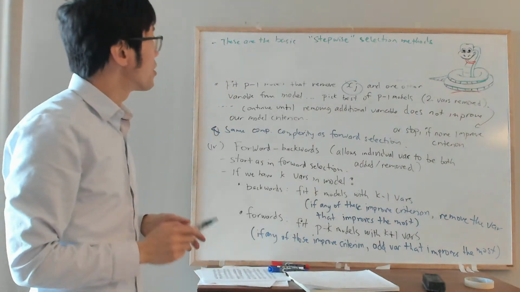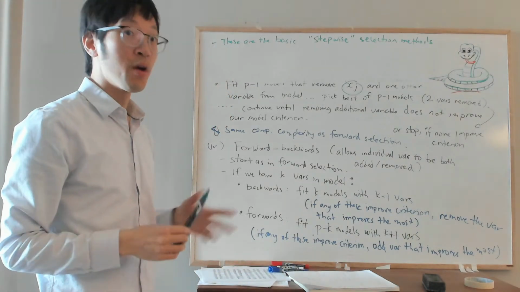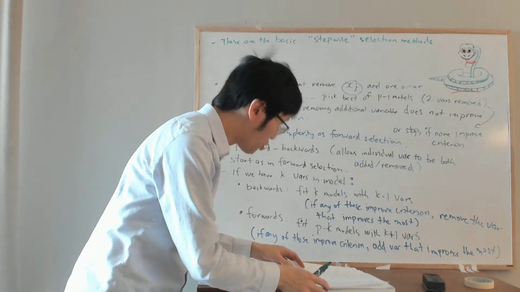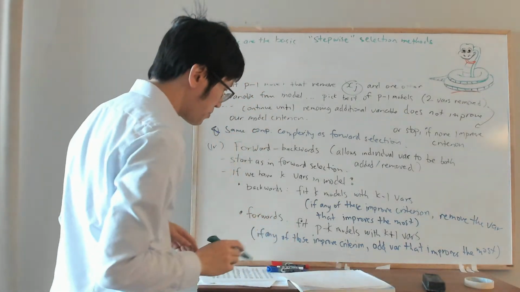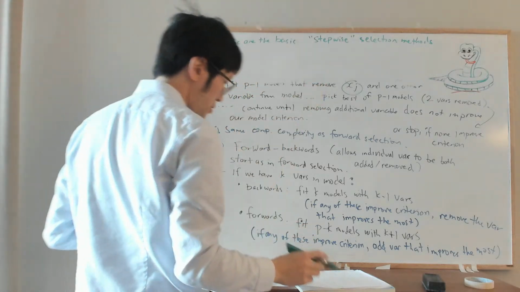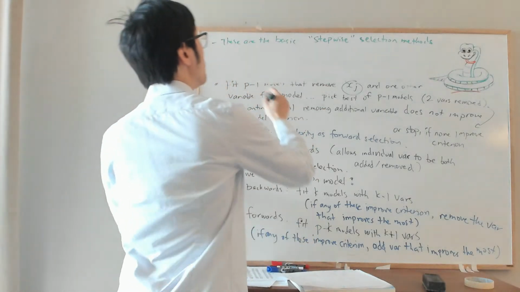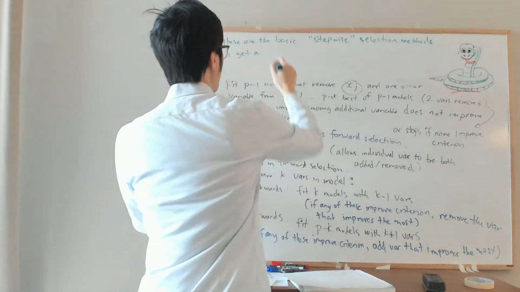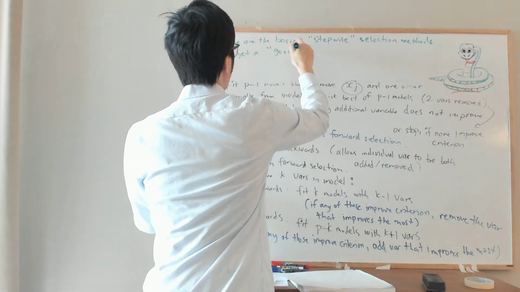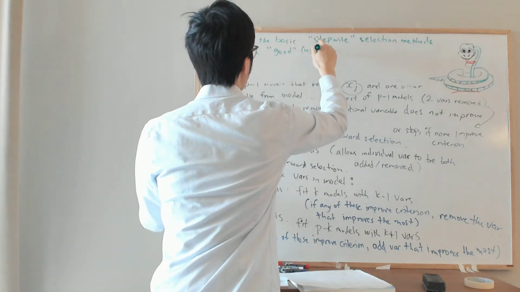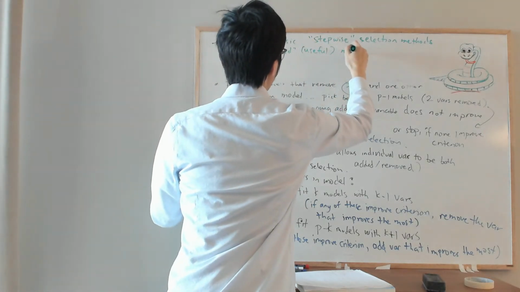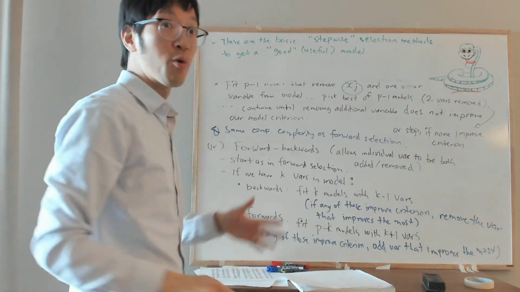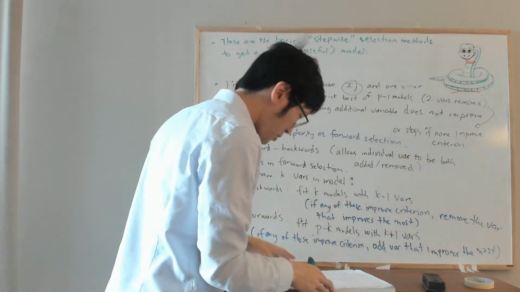It's good to see them once, and they're very easy to implement because they are built into R, as I will show you in just a moment. But I will point out that these are basic stepwise methods to get a, hopefully, good, well-performing model. Of course, there are many more sophisticated methods available.